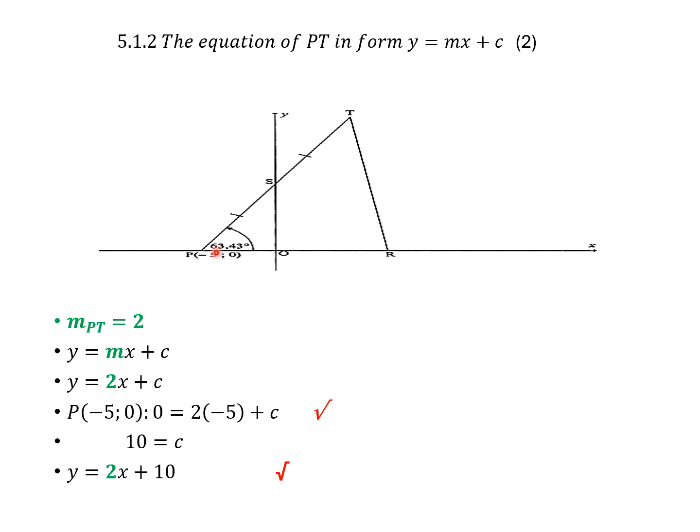If I substitute, x is -5 while y is 0. 2 times negative 5 gives me negative 10. If I take it over, it becomes positive 10. So c is positive 10, and my equation is y equals 2x plus 10. One mark for correct substitution, one for the correct answer. All right, let's go to the third question.